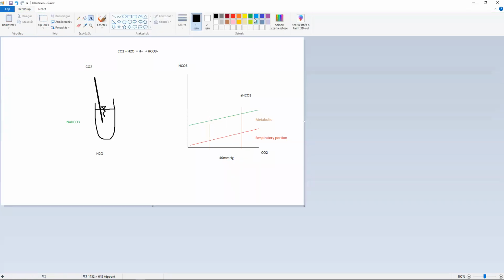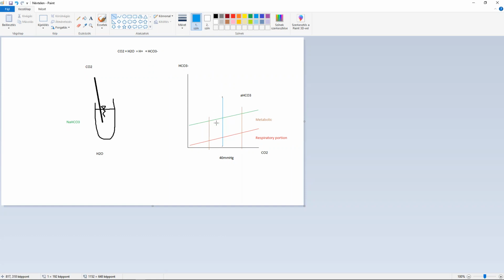So it means that when I measure the bicarbonate at 40 mmHg, as I draw here, you can see that the respiratory portion is always the same, because this amount of respiratory portion is given by 40 mmHg of CO2. And if you do have any difference at PCO2 40, that only could be due to the metabolic changes.